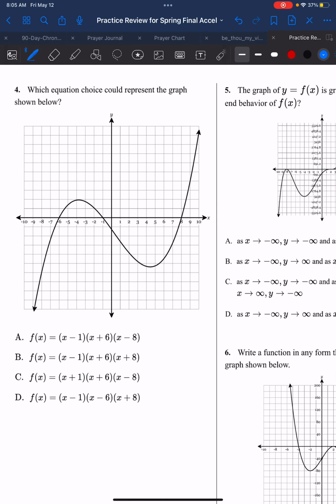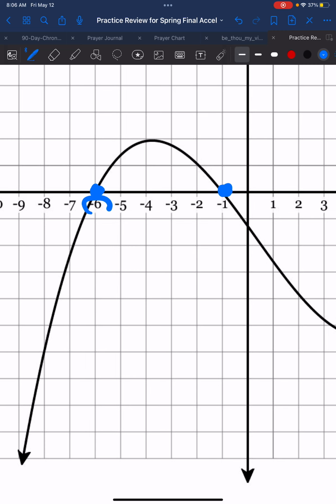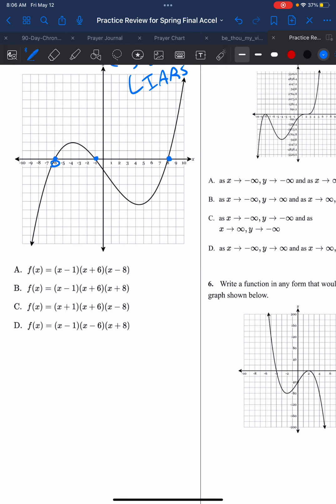So which equation on number 4 could represent the graph shown below? The way that we approach these is looking at all of the roots or x-intercepts. So right here, remember, parentheses are liars. The way I remember that is, when you're looking at this number, like right here, this is -6, you look in the parentheses for all the ones that have x plus 6.